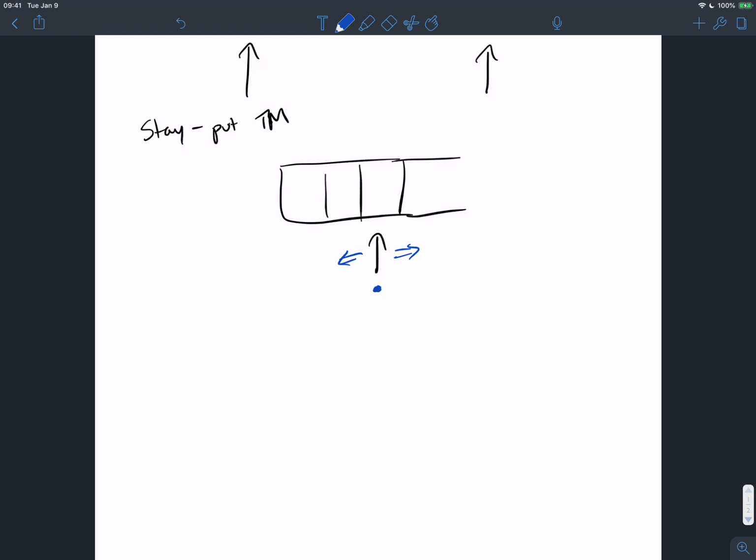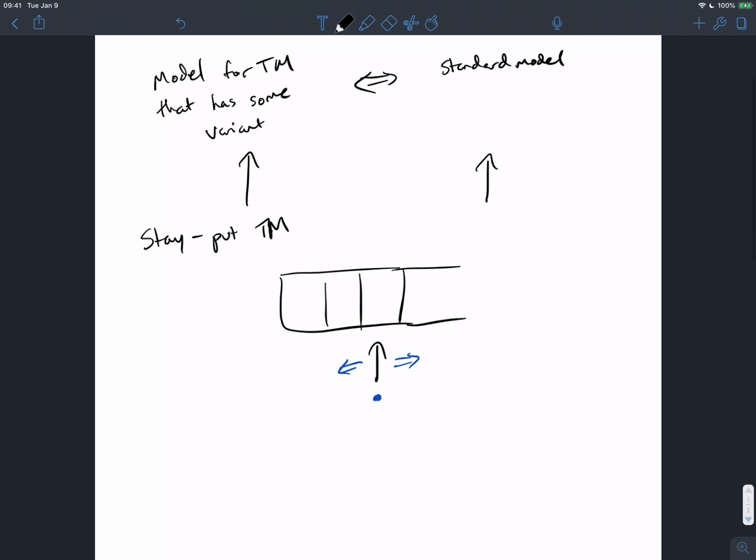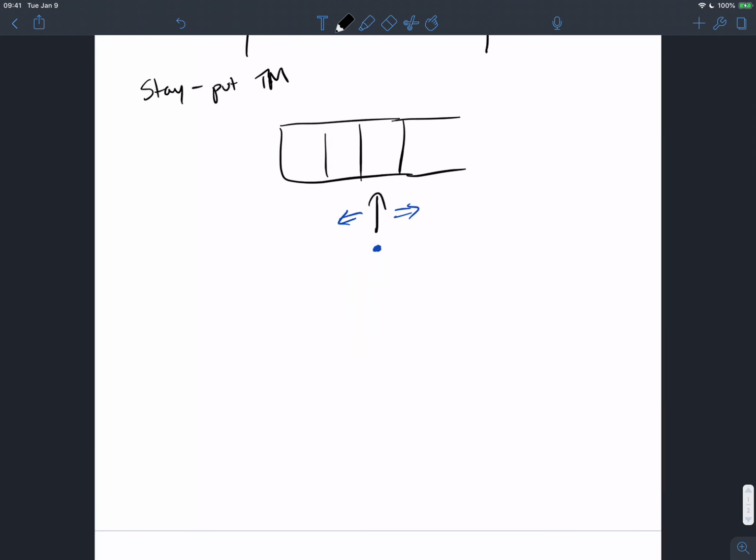It doesn't have to move. And what we did is we simulated the left and right in the usual way with a machine in the standard model, but recall the standard model doesn't have a stay put transition, and we simulated one of those by moving right and then moving left without changing the characters.